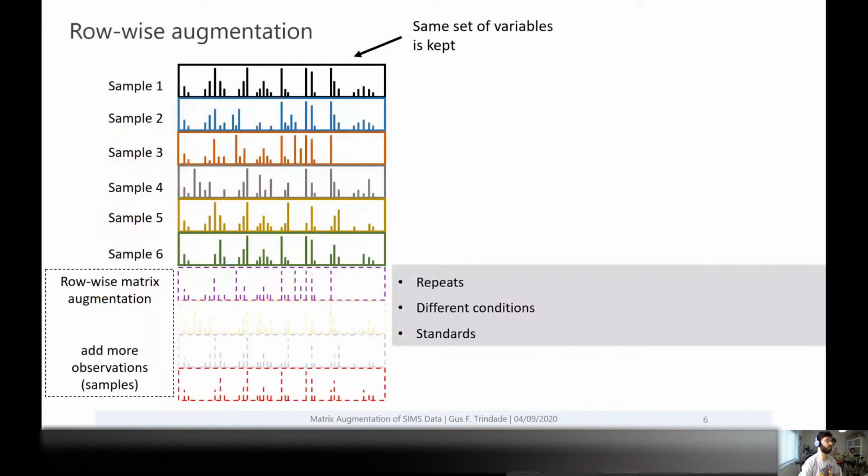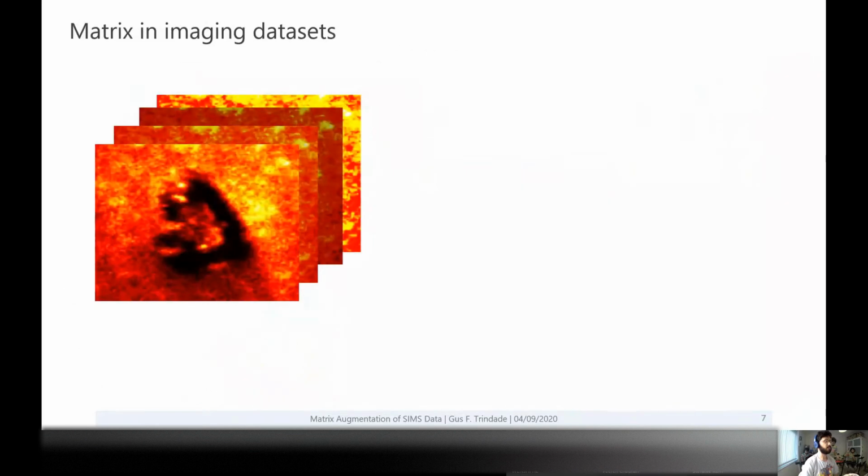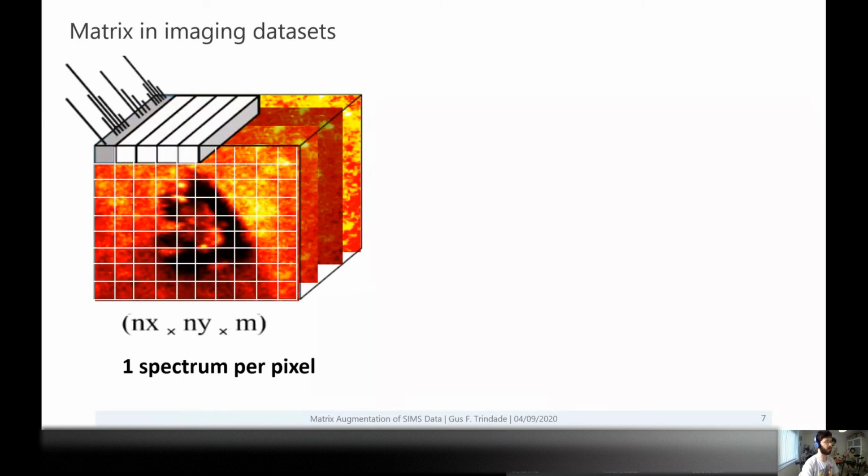But I want to see how we can apply this to imaging data sets. So if we recap from what we spoke some months ago in the MPA workshop, how we construct a matrix from an imaging data set, right? When you have an imaging data set, you have all these images, each related to an ion. So essentially what we have is one full spectrum per pixel, right?